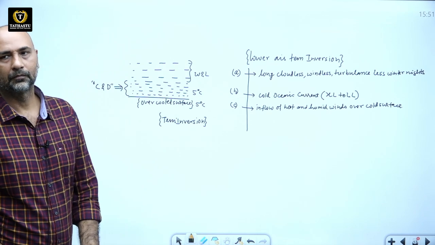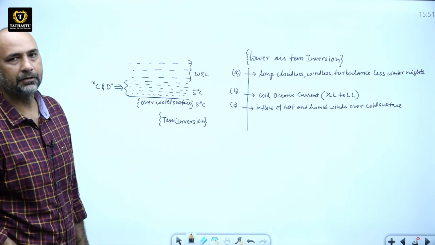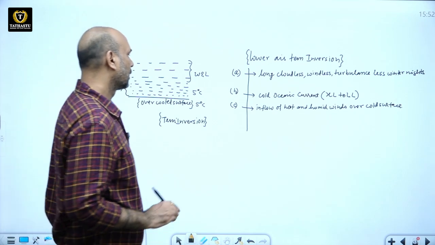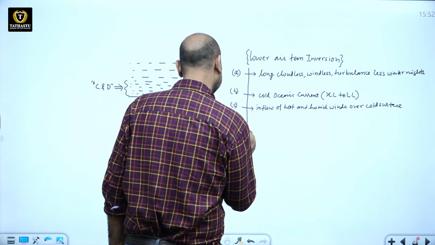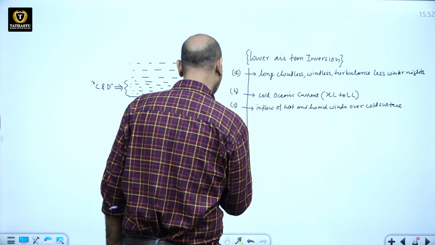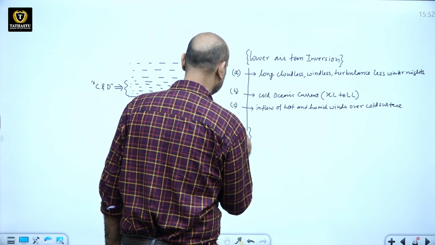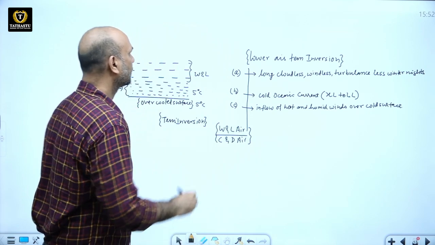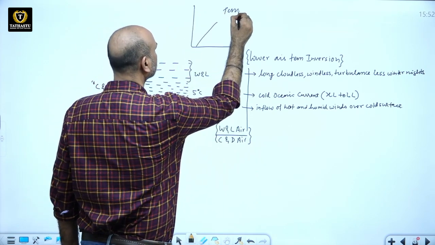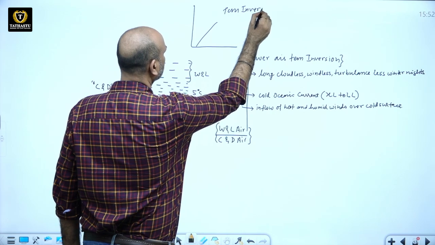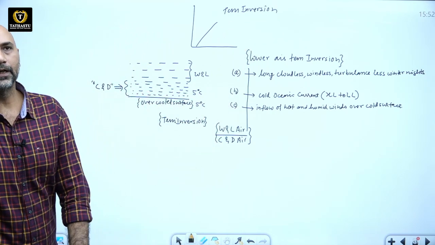So remember that in the case of temperature inversion, warm and lighter air is above cold and denser air. Because this is the diagram of temperature inversion. Warm and lighter air is above cold and denser air.